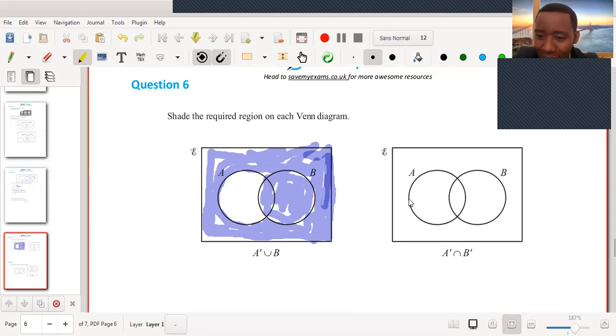Intersection will be the outside. They will meet outside, because when I do B complement, I will shade A and outside. That means the intersection part will be the outside of A and B.